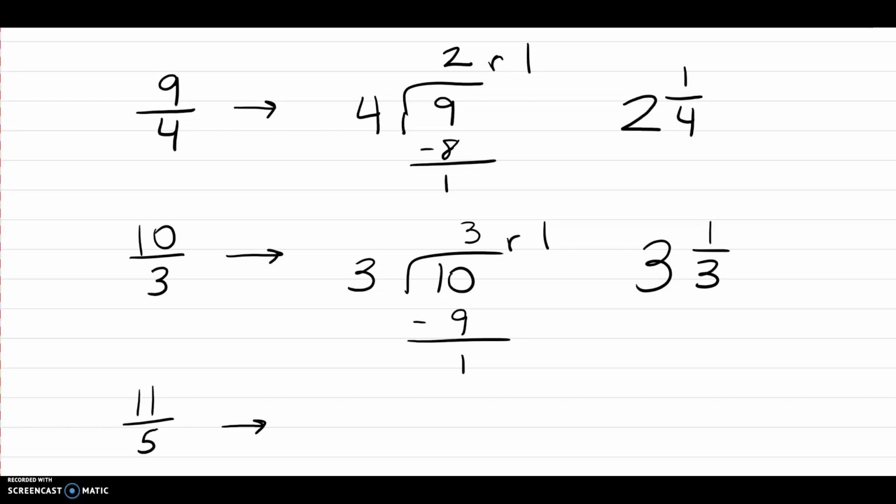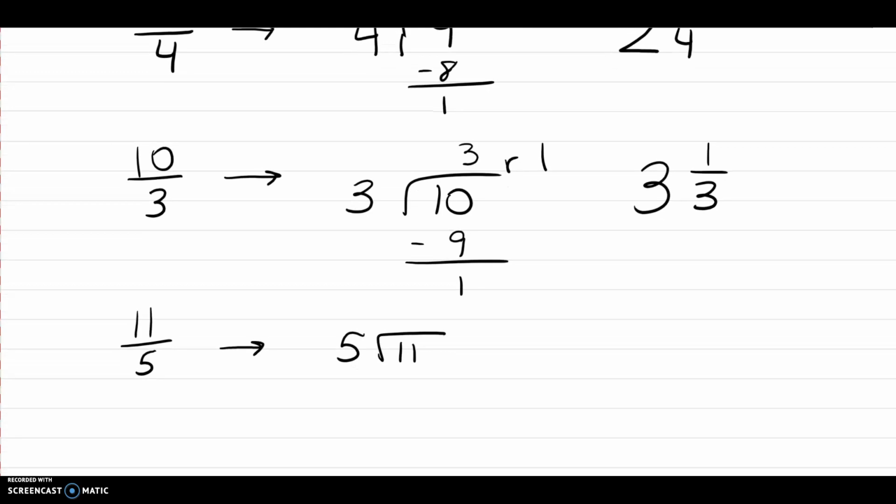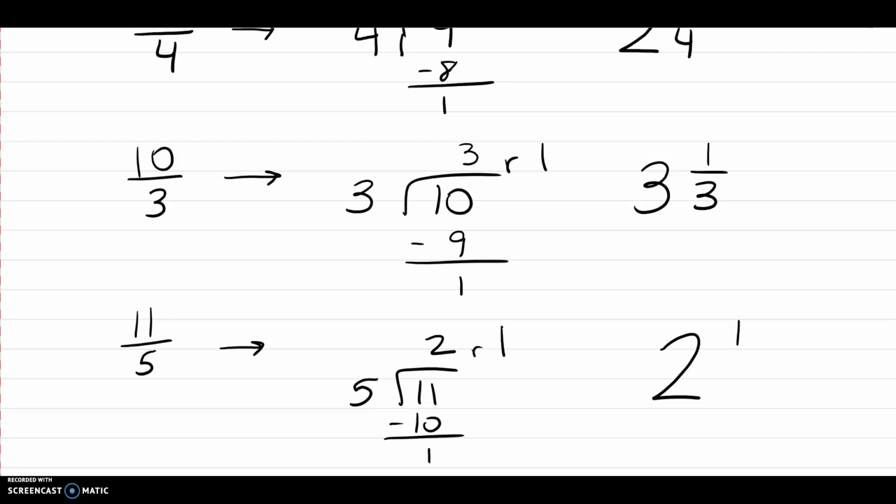We're dividing here, so we're going to do 5 into 11. So how many times does 5 go into 11? It's going to be 2 times. 5 times 2 is 10, with a remainder of 1. So my answer is 2 and 1/5. So that's converting from improper to mixed.